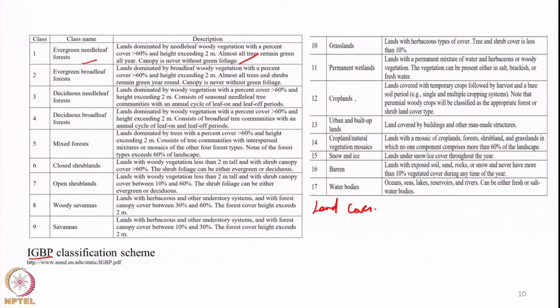If you want to categorize something as urban and built up land, it should satisfy this criteria. Like this, there will be criteria defined, and whoever does the classification will follow this. This is a classification scheme we have adopted for the project, we will go by the same definition, so there will not be any confusion. So, this is one example.